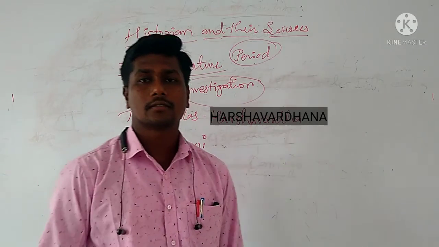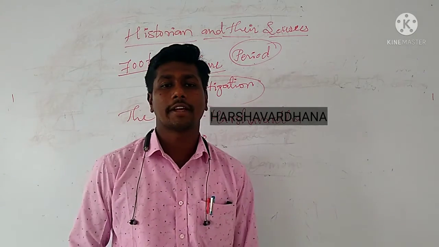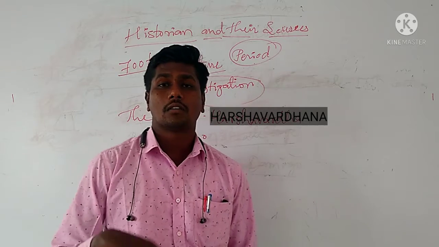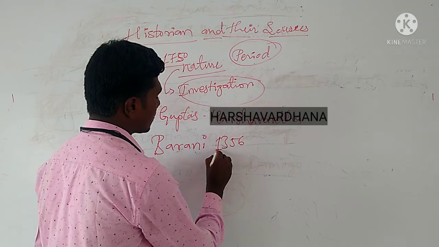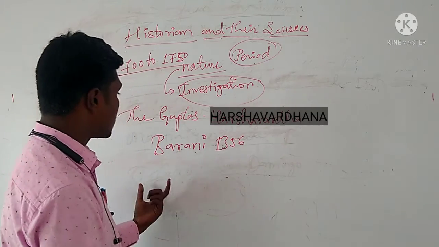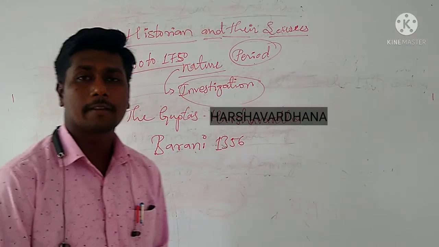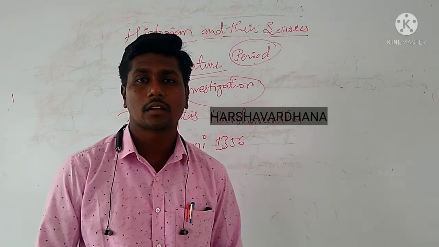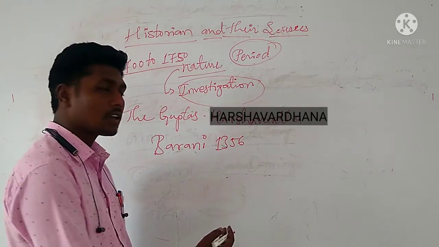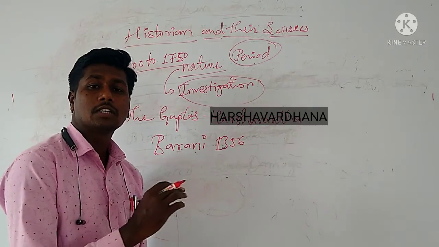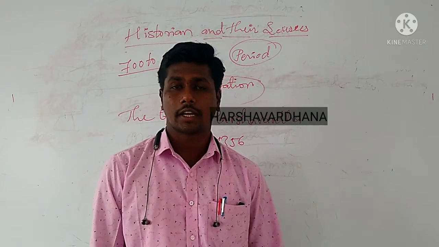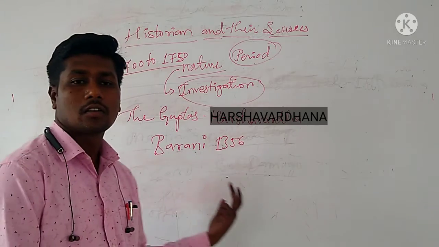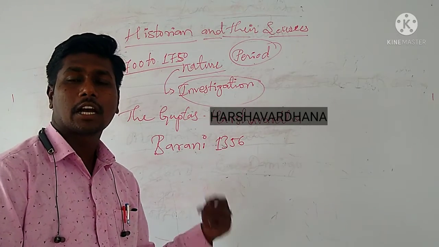Ziauddin Barni also wrote a chronicle, and it was written in 1356. And after 2 years, Ziauddin Barni wrote another version of the chronicle.